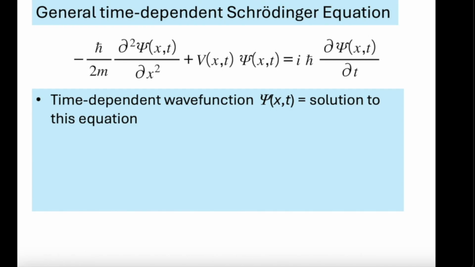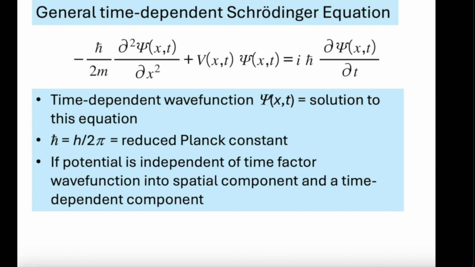So this time-dependent wave function, capital Psi of x and t, is the solution to the time-dependent Schrödinger equation. H bar, of course, is just the reduced Planck constant, h divided by 2 pi. More importantly, if this potential is independent of time, that will allow us to factor the wave function itself.